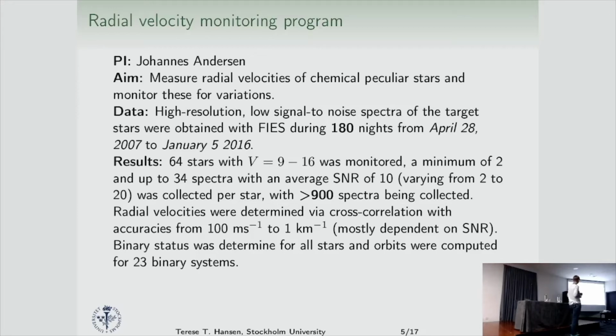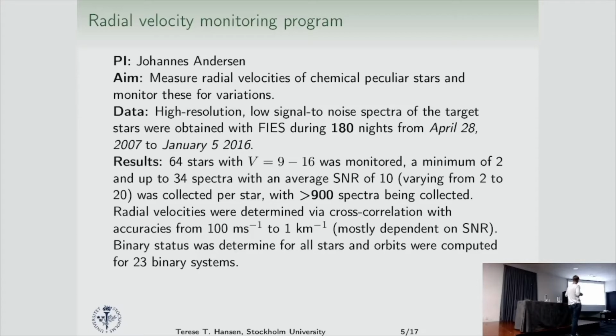They had the first observing night, and then basically the project went on till January 2016, and data was taken on 180 nights with FIES, high resolution low signal-to-noise spectra of these stars. I joined the project in 2010 when I was a master's student and got presented with all this lovely data that I could play with. And then this project sort of carried into my PhD and has basically followed me ever since.